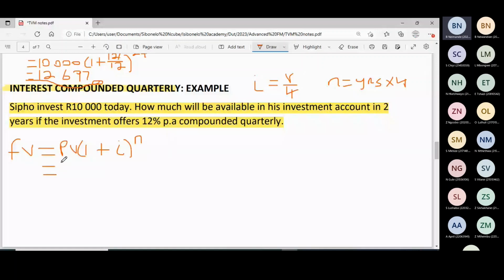The present value is 10,000 times (1 plus i). i is 12%, the annual rate, which we must divide by 4 because in a year we have 4 quarters. And n is 2 years times 4. Remember, your years times 4, because interest is compounded quarterly. Then you just punch this in your calculator and you will get the correct answer.